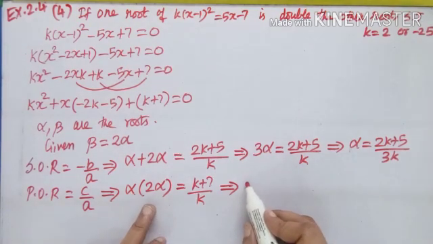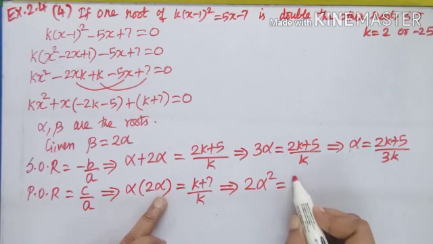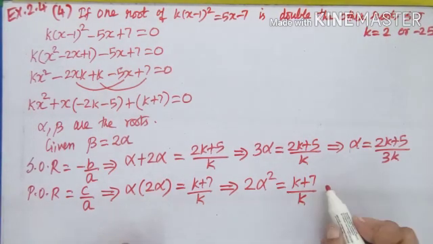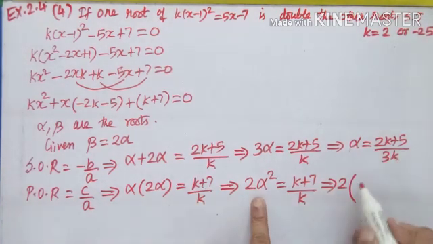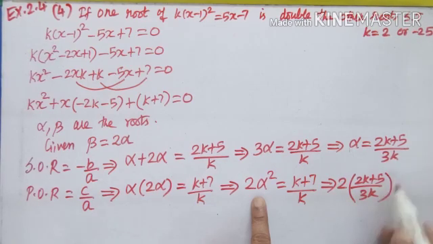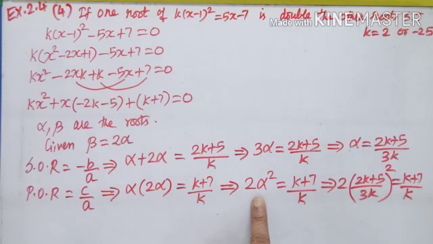So this is 2 alpha into alpha, alpha square equals k plus 7 by k, implies 2 into wherever alpha is coming, 2k plus 5 by 3k the whole square equals k plus 7 by k.